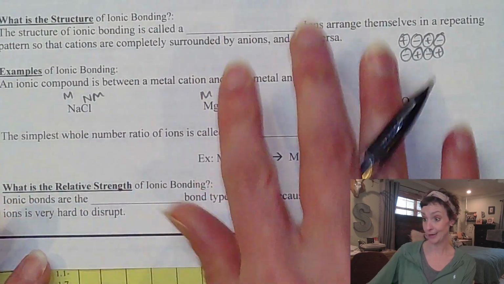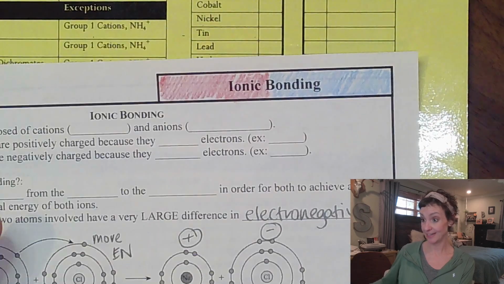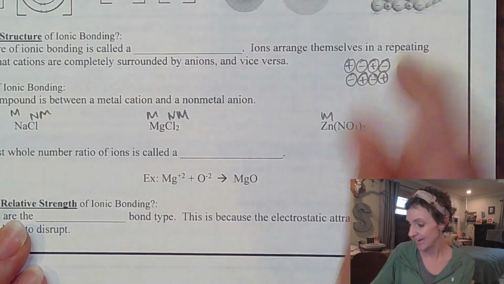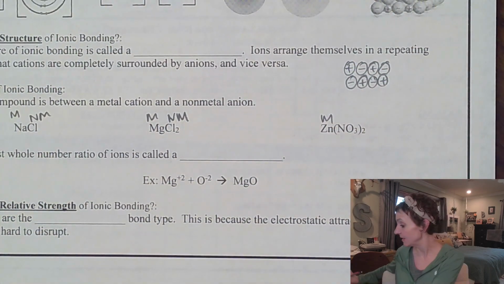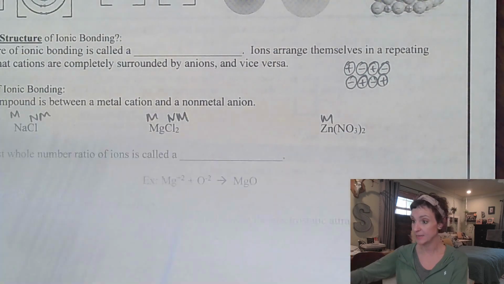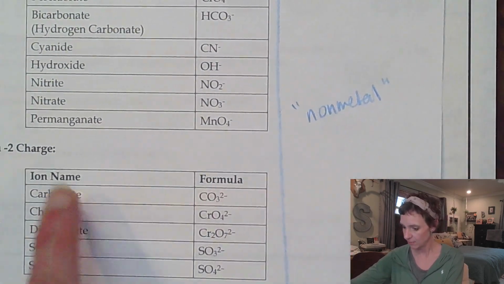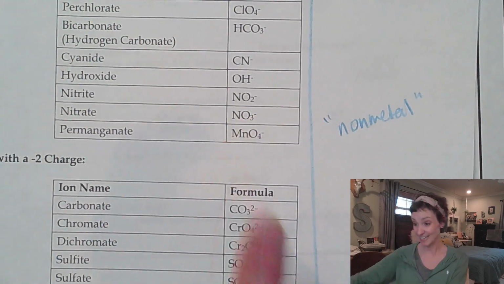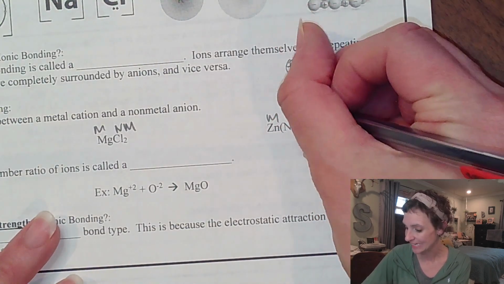So when we did our coloring up here at the top, I said metals always go first. Well, here I'm actually seeing that the metal is written first. And remember, nitrate is on my list of polyatomic ions. Where is he? There he goes, right? He overall has a -1 charge, so he is acting non-metal-like, which is why we will write him behind zinc in a compound.